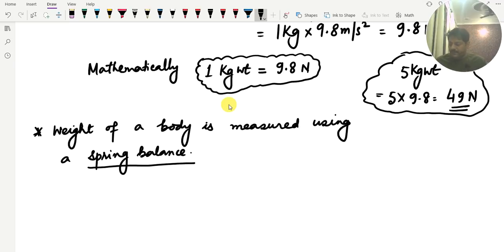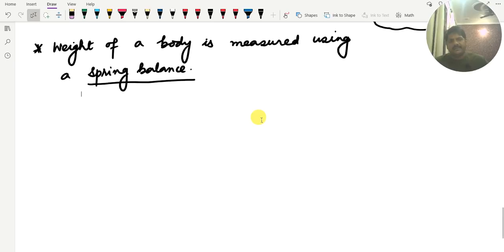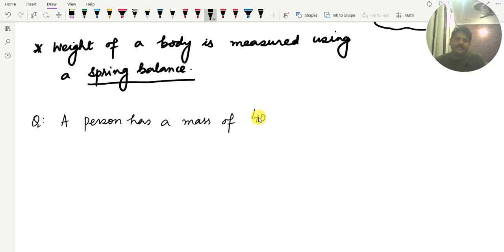Okay. Now if you are having a mass of, let us say, 50 kg, or 100 kg or 70 kg, let us do a small question. A person has a mass of 40 kg.